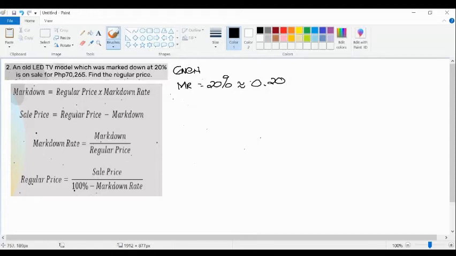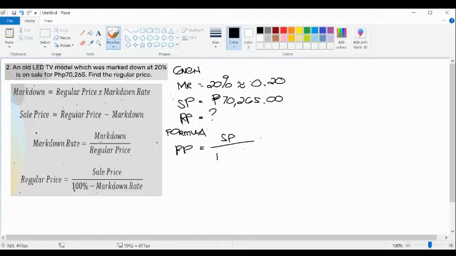We also have the selling price or the sale price of 70,265 pesos. So we're looking for the regular price. And the formula for the regular price is sale price over 100% minus the markdown rate.